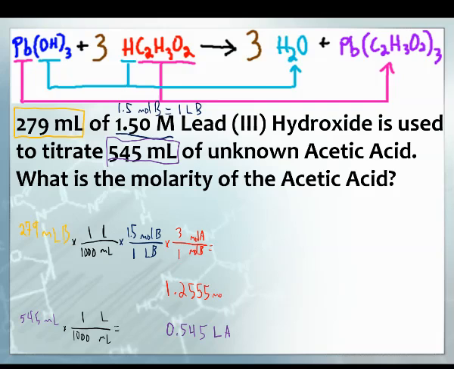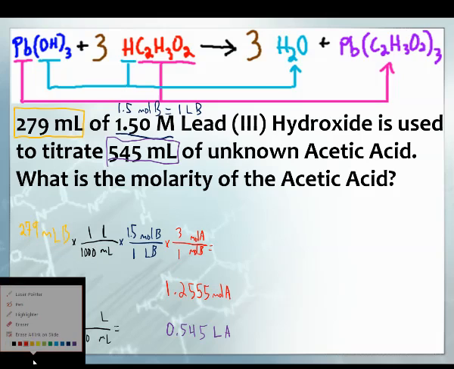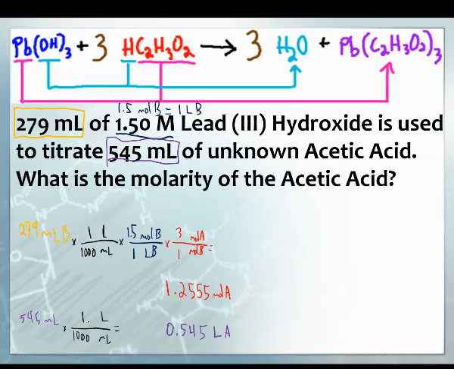So I have here 1.2555 moles of acid. Now, I want to set it up just like I have it there because what we want is molarity. And if we want molarity, then we need moles divided by liters. So again, this is my one string. This is my first part of the two string, my second part of the two string. So divide these, equal them together, and I will get an answer.